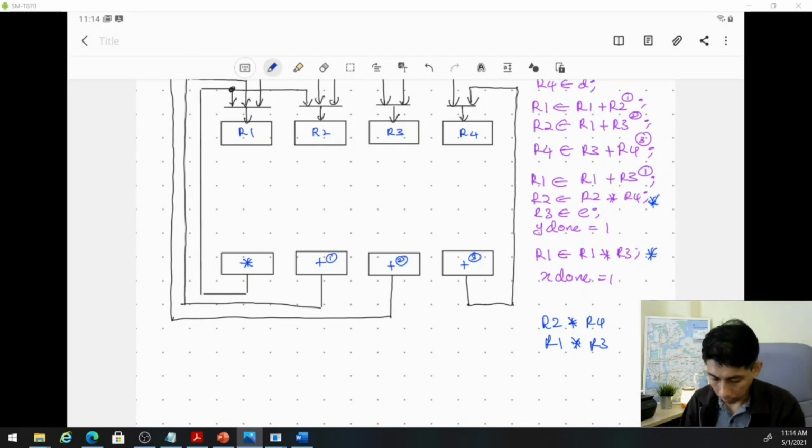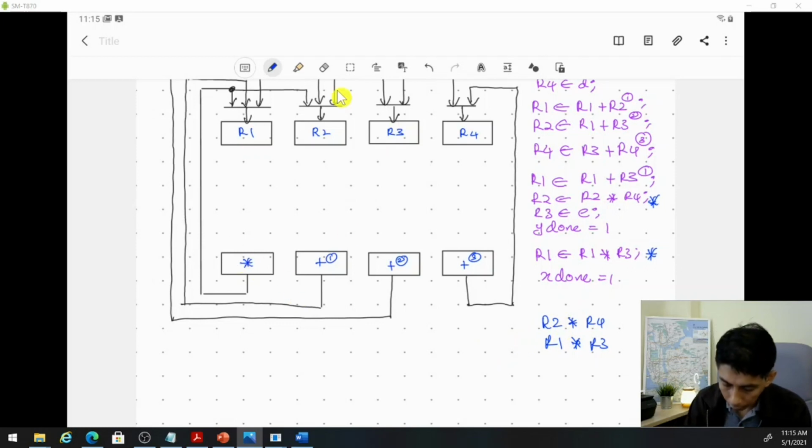So you can have something like this. Means that this input here, you don't have only one input but 2, right? And the other input here, you have 2 inputs as well. So you need a multiplexer to select R2 to go in the first input.